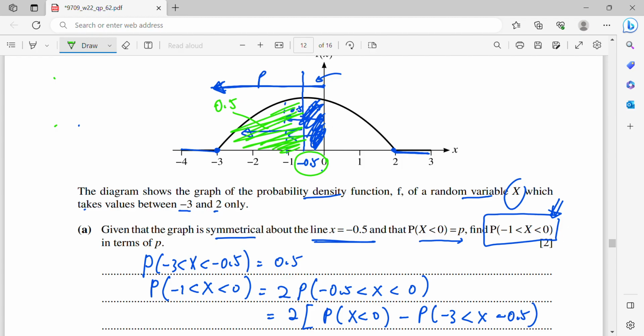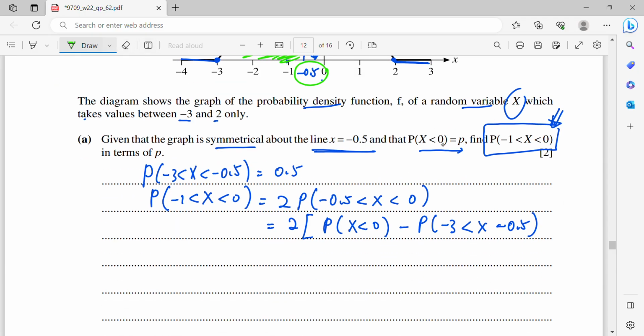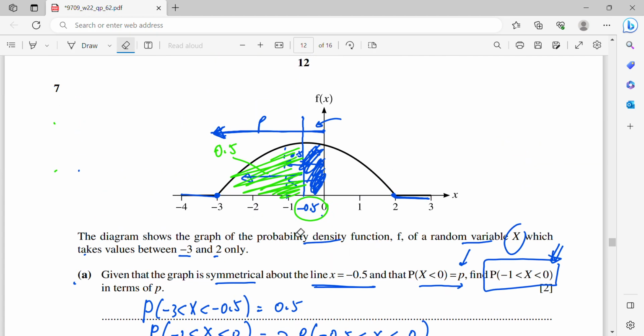When you subtract the green region, it is the region between -0.5 and 0. Obviously P(x < 0) is going to be p, then P(x between -3 and -0.5) is going to be 0.5, which is the green color.